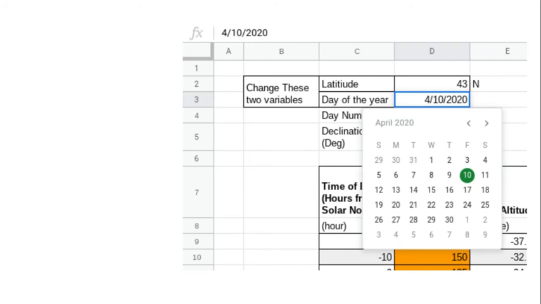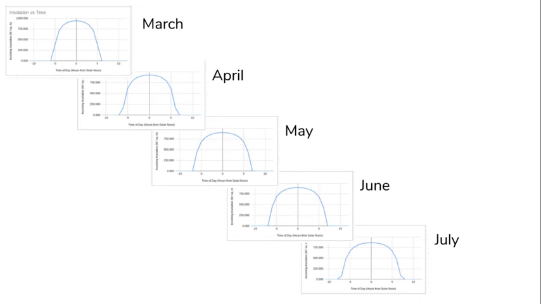I played around with changing the date, and here I've copied and pasted the graphs of the spreadsheet generated on the 10th day of every month from March to July. I chose these dates arbitrarily, and I chose them because I wanted you to see that in these graphs, as we progress from month to month, we can begin to see some trends in the data.